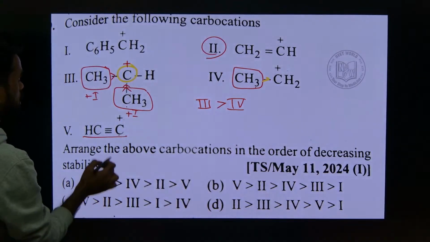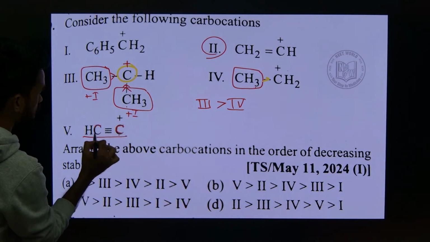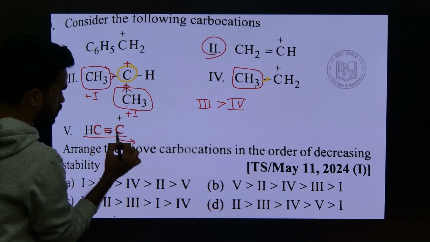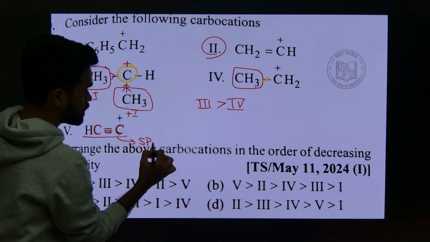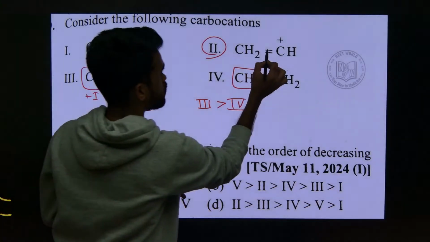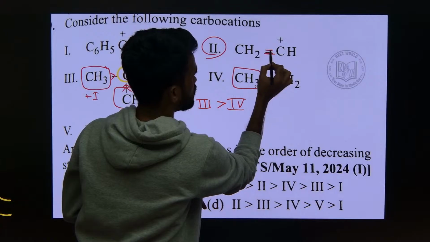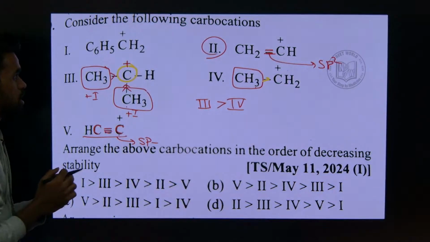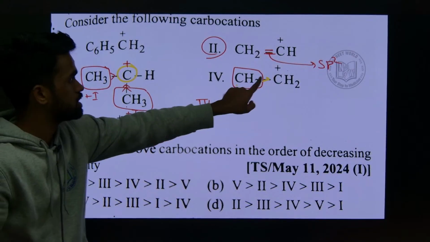Okay, see, these carbons are sp3 carbons, 3 sigma bonds, like 3 bonds, 1 sigma and 2 pi bonds are there. So this sp carbons, 2 bonds are there, means this is sp2 carbon. Right now these are sp2 carbons, these are sp carbons, whereas this is sp3, this is sp2.